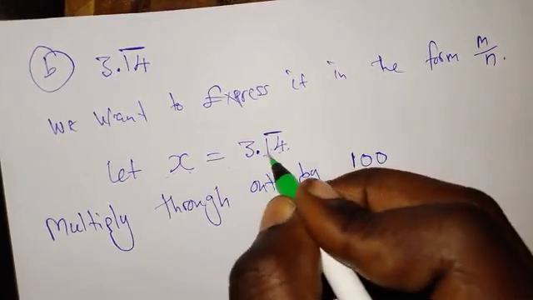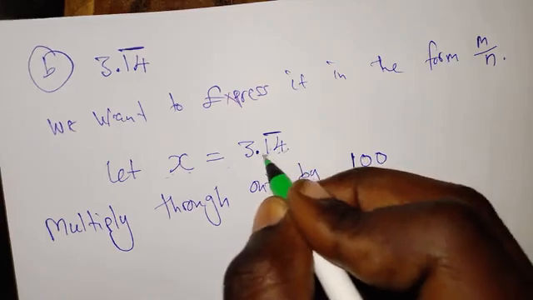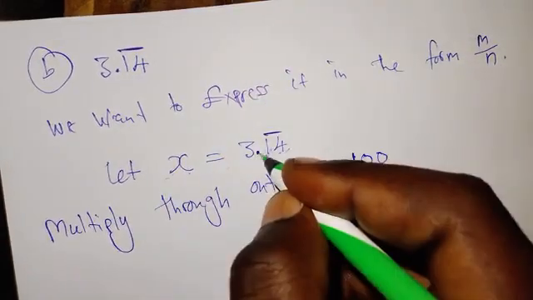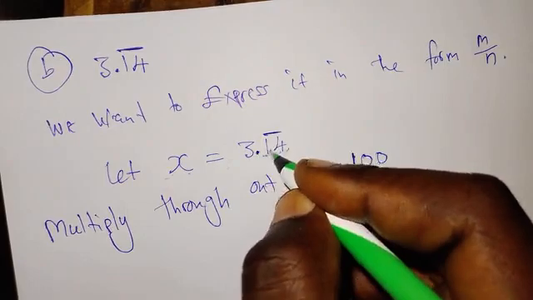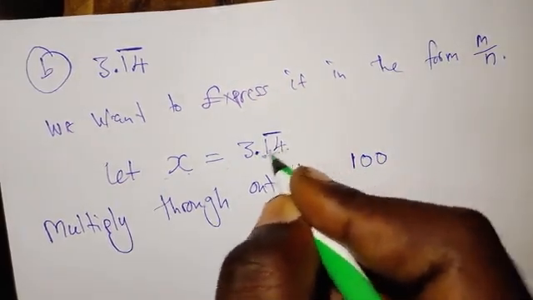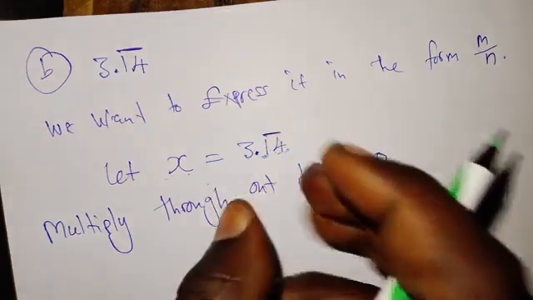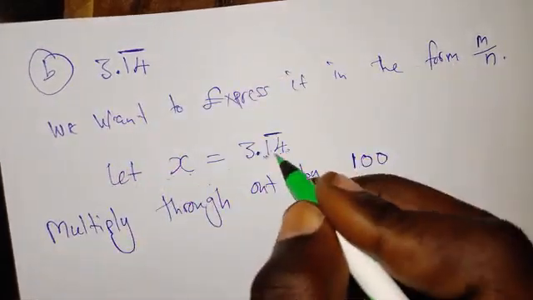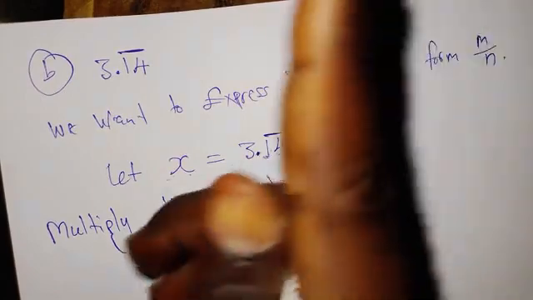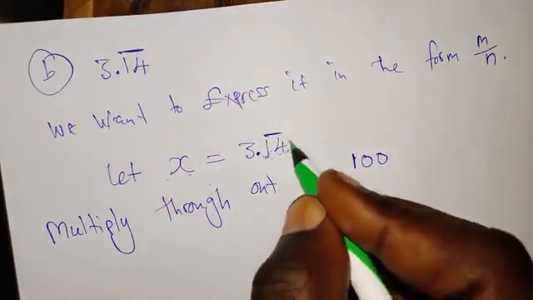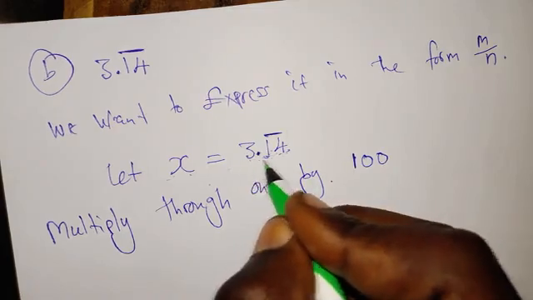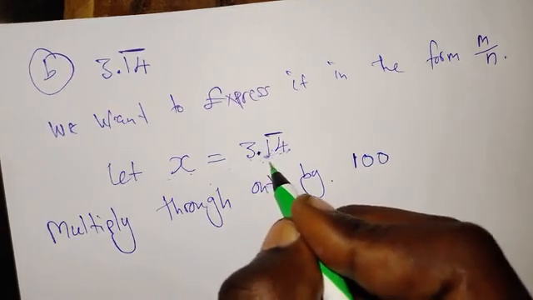Why? So that the 1 and 4 can move as one. Once I move this point, it's going to move 1, 2. So the whole 1 and 4 will move to the left hand side as a pair. So for them to move as one, the only way is multiplying by 100.